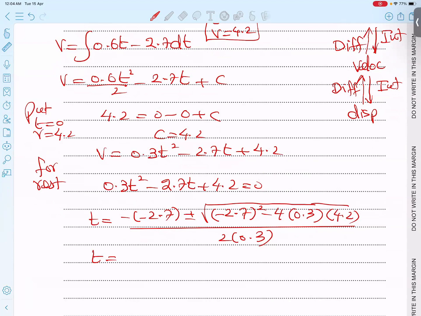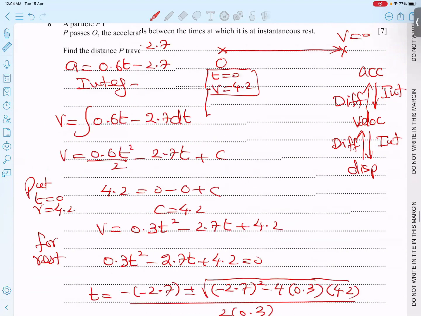And when you plug in, we get two answers. One answer I'm getting here is 2 seconds, and one is 7 seconds. I believe you got the point. It means it stops at 2 points, one at 2 seconds and one at 7 seconds.